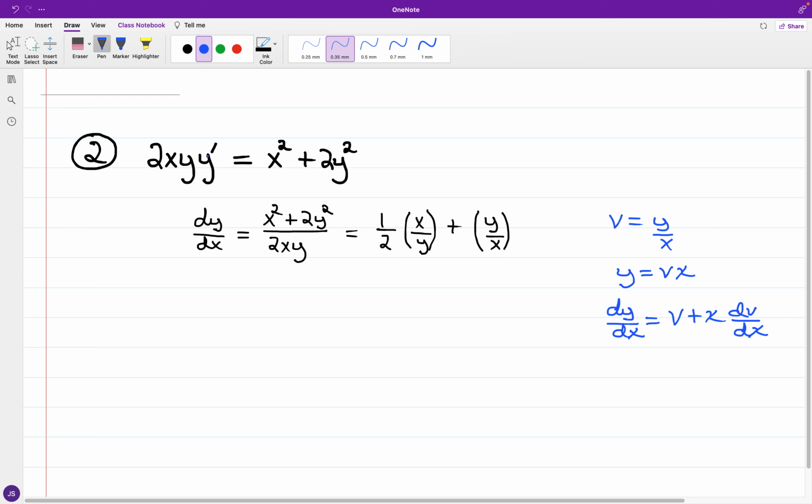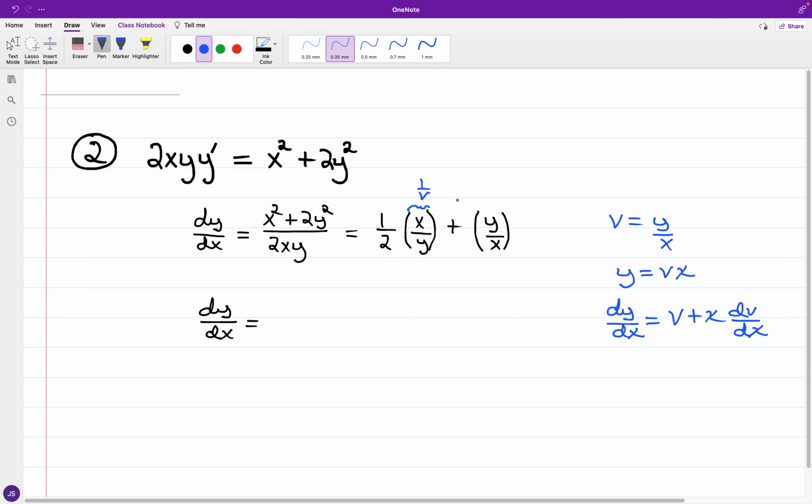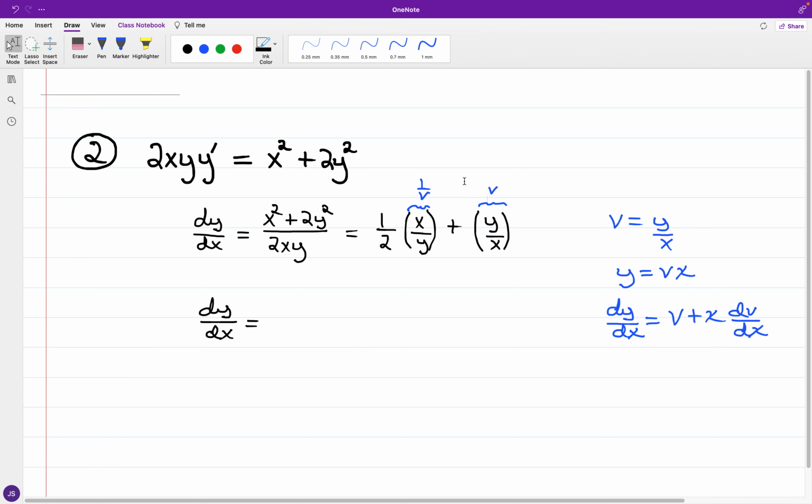And from the first equation, dy over dx is equal to 1/2. Now for x over y, that is going to be the reciprocal of v, and for y over x, that is going to be v. So in the rewrite, dy over dx is equal to 1 over 2v plus v.